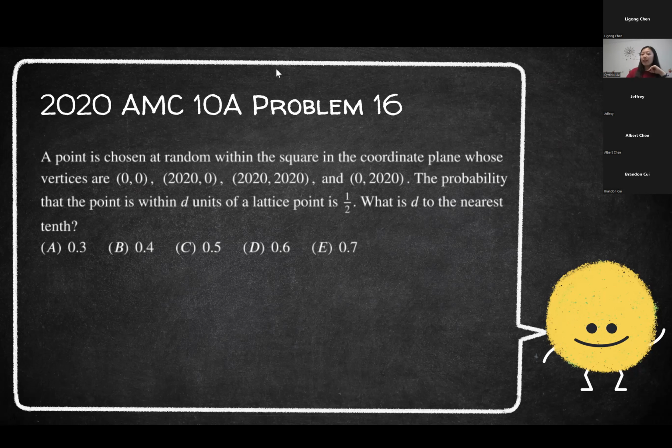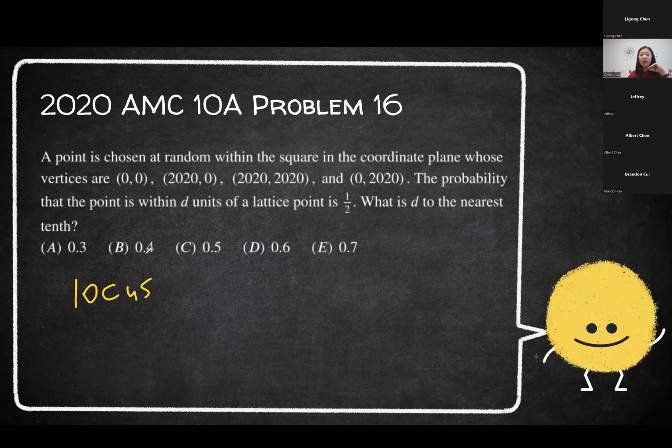So before I explain this problem, I want to go over locus because this problem touches on locus. So the definition of locus, let me write it on the screen. So locus is basically just the set of all points that satisfy a given condition. And you can have locus in 2D and in 3D.